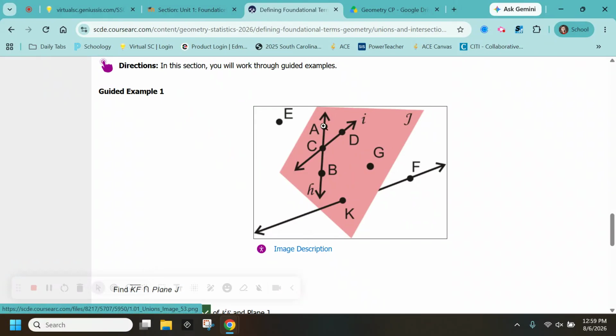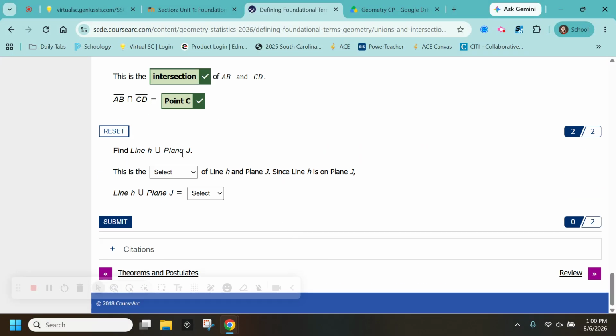So it's not the set that contains both, it's the set that contains all of them. So this would be the union, plane J.